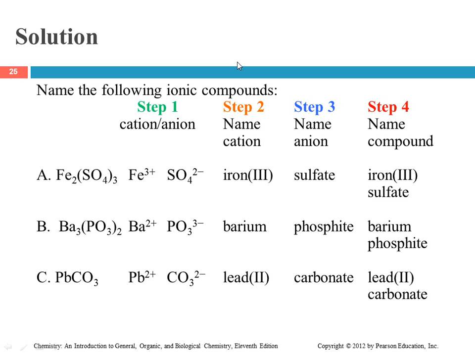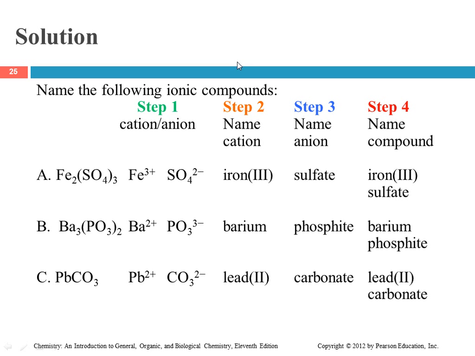So we have 1 polyatomic ion. If it helps you, go ahead and put parentheses around it. Another thing that tells us we've got a polyatomic ion is that we have 3 different kinds of atoms here, and all the other ones we've been looking at just had 2.